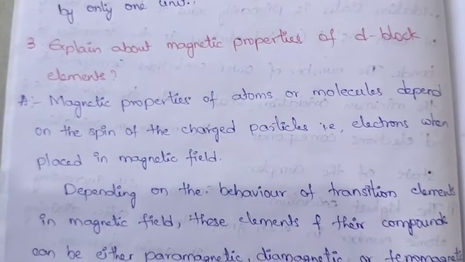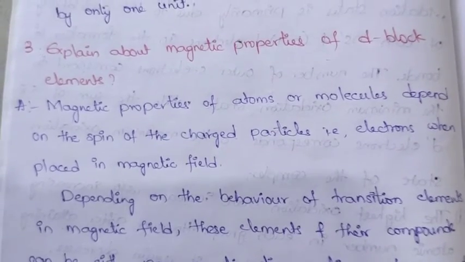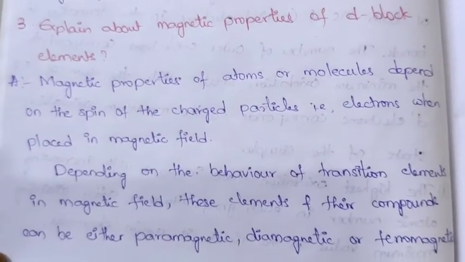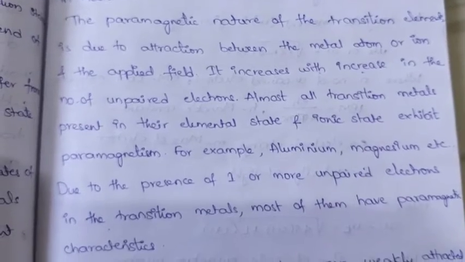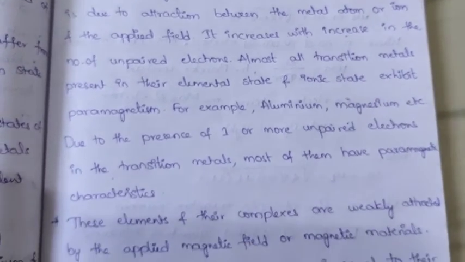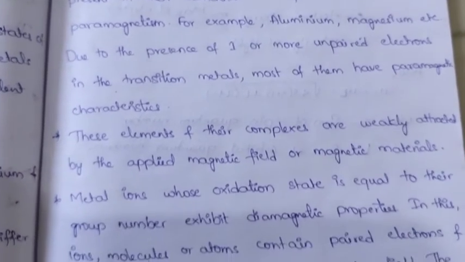These are the notes on magnetic properties of d block elements. Just see the notes and make a note of this.